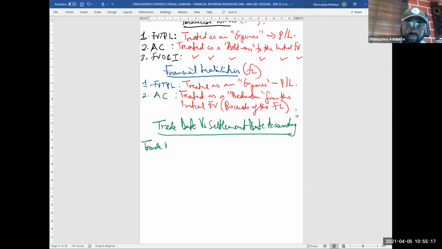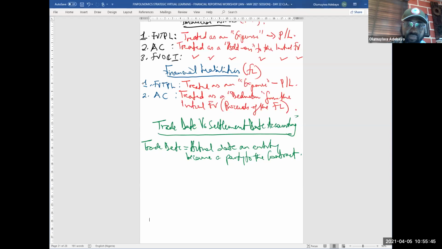Trade date is the actual date an entity became a party to the contract, which is the execution date.